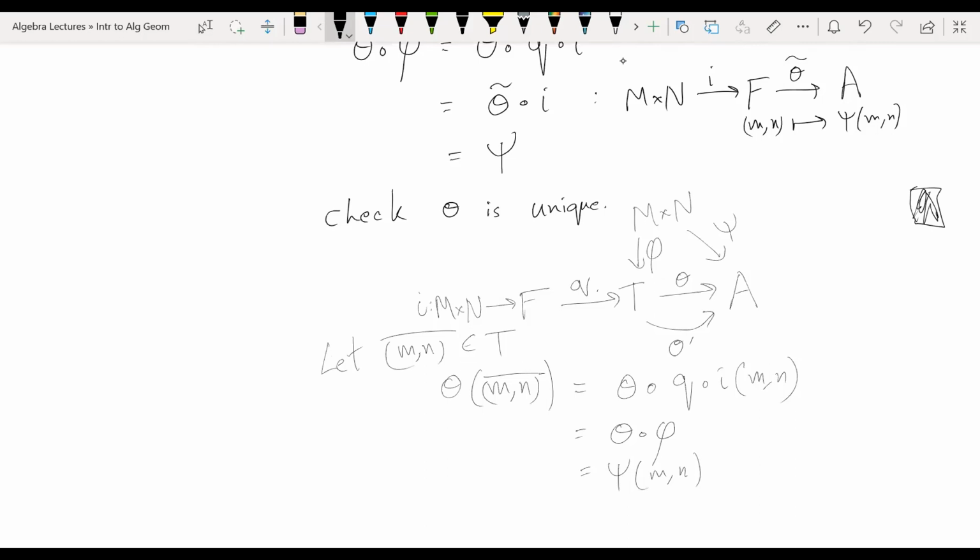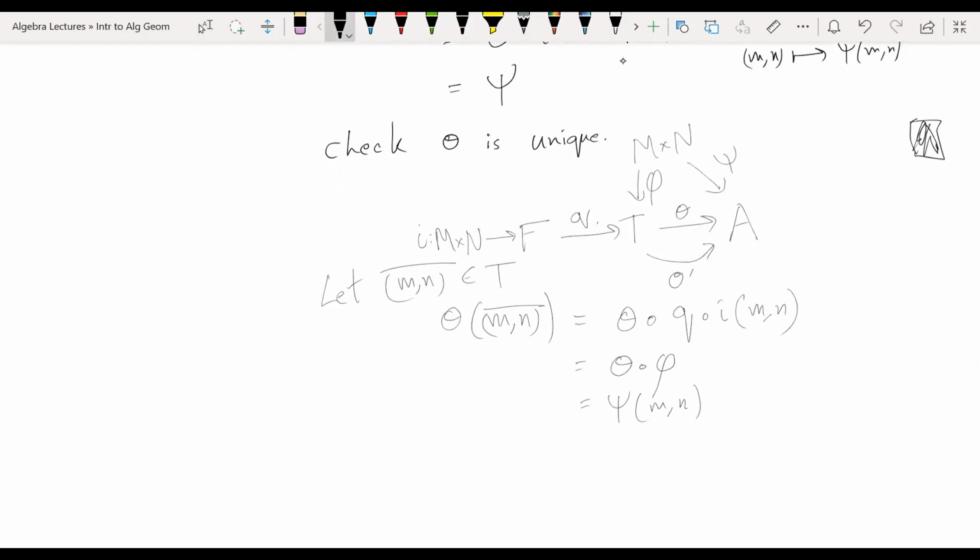And this is the same as theta prime of m comma n. What is theta? So what is theta prime of m comma n bar?